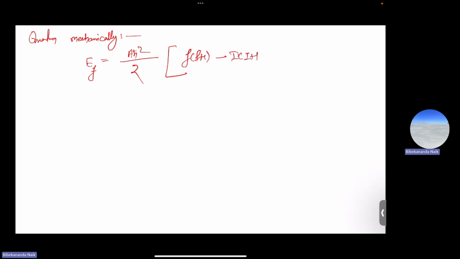So quantum mechanically we can write the energy due to interaction between nuclear spin and total angular momentum as h A over 2 times F into F plus 1 minus I into I plus 1 minus J into J plus 1, where F is called the hyperfine quantum number.